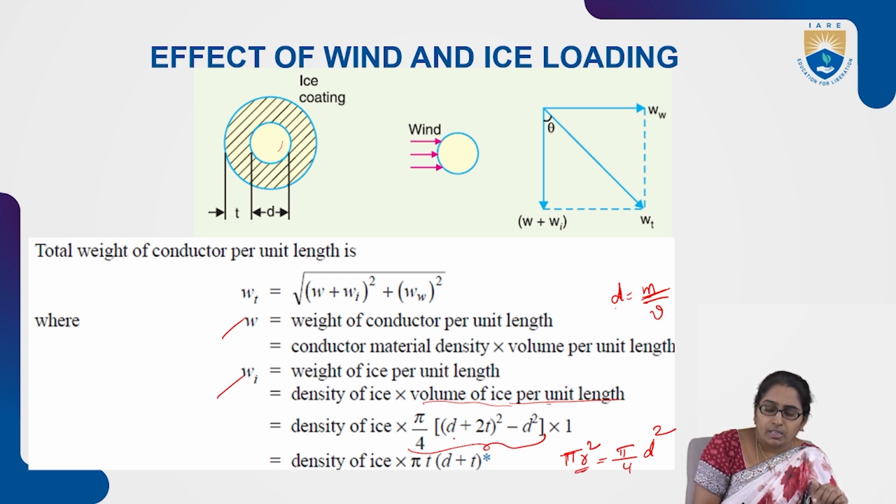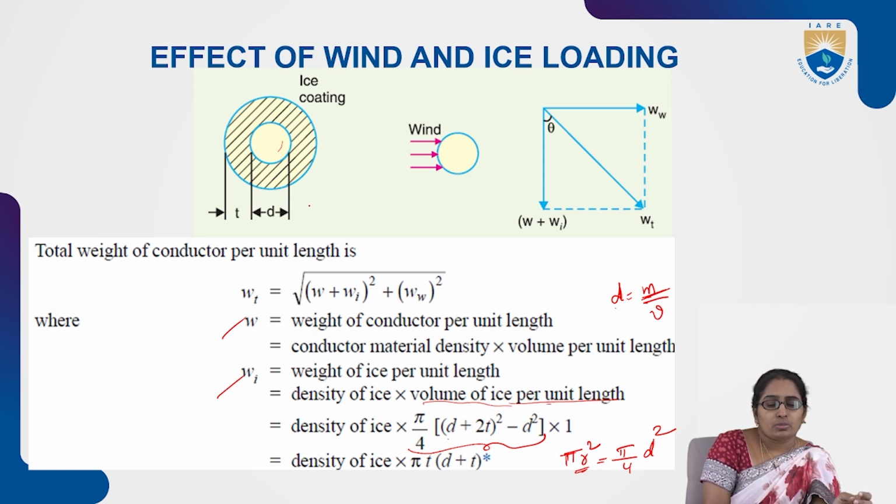What is the d here? Consider the total diameter. Look at the first figure on the left side. The total diameter is d plus 2t, where this side is thickness t, and this side is thickness t.